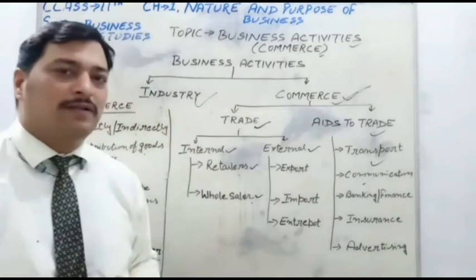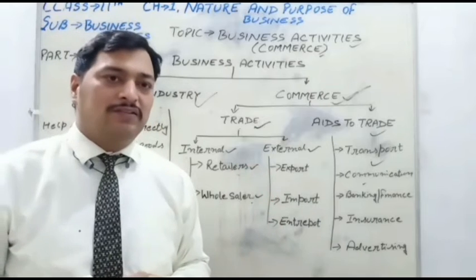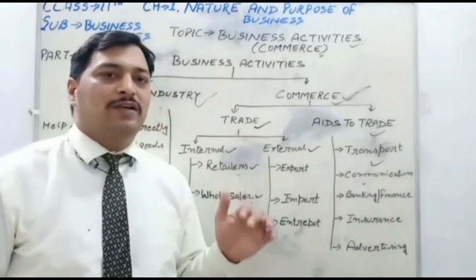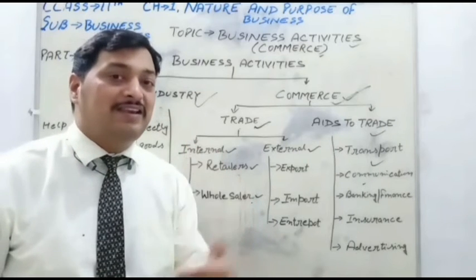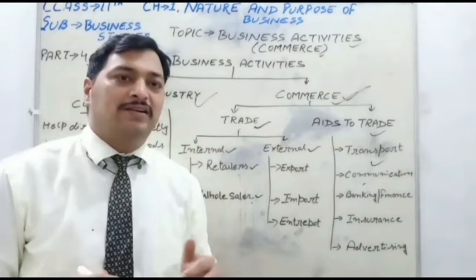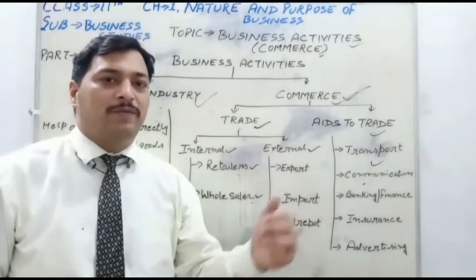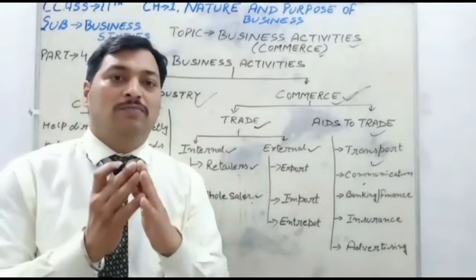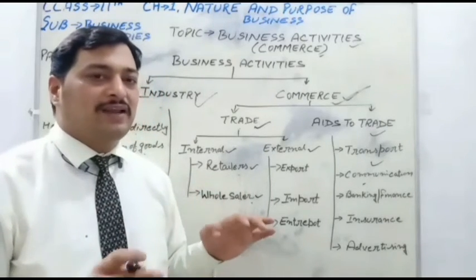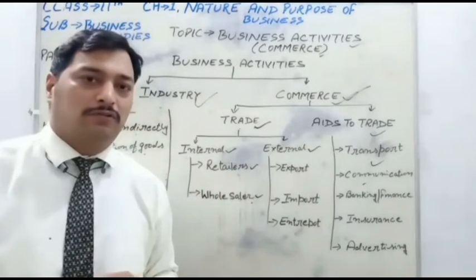In the present time, banks provide finance to trade, because if banks did not provide finance, it would be very serious for business. In the present time, all businesses depend on credit. Credit is provided by banks as short-term loans, long-term loans, and bank overdraft. These facilities are provided under the auxiliaries of trade.